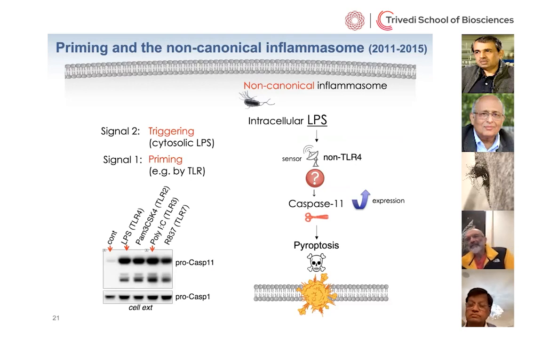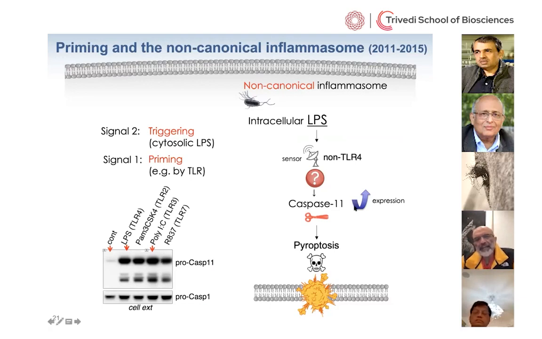essentially arming the weapon. If you look at caspase 11 levels in unstimulated cells, there is very little caspase 11. But if you prime the cells either with LPS or any other pathway agonist, TLR2, TLR3, TLR7, all of a sudden caspase 11 comes up explosively.